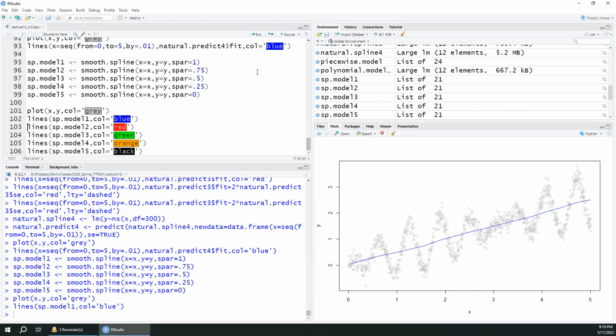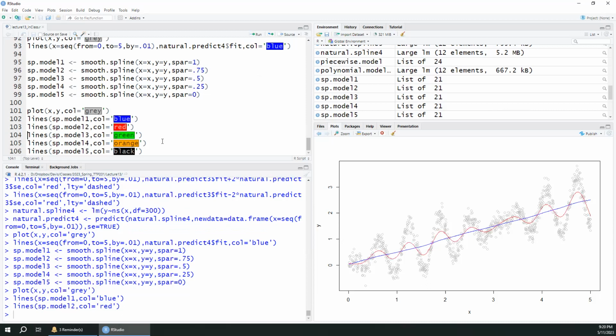Okay, and so we start easing off of that tuning parameter. We go from 1 to 0.75, which says, hey, you're allowed to start changing the direction of your line a little bit more in that second derivative. And you can see we're starting to get some of that squiggliness.